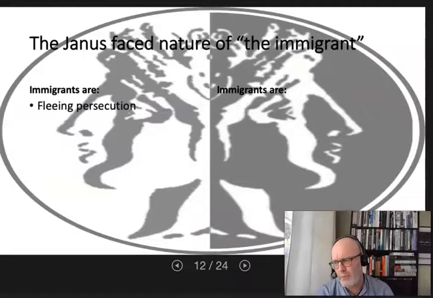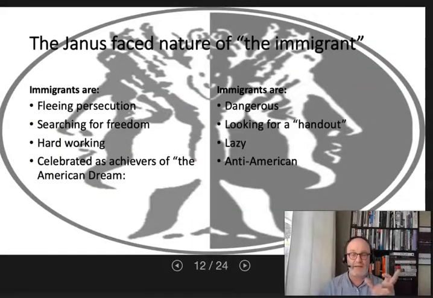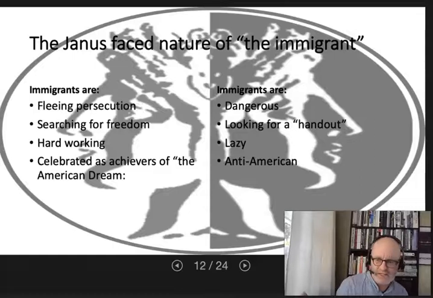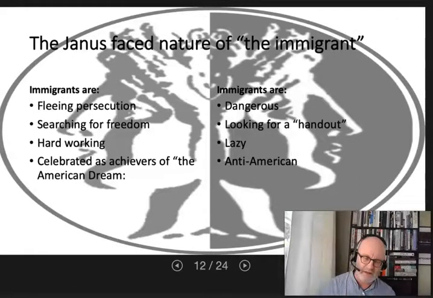So more to that point, the Janus-faced, two-sided image of the immigrant, and this goes for the 1840s with the Irish, Chinese, Mexican immigrants, Central American immigrants, the Italians, Jewish immigrants, you name it.